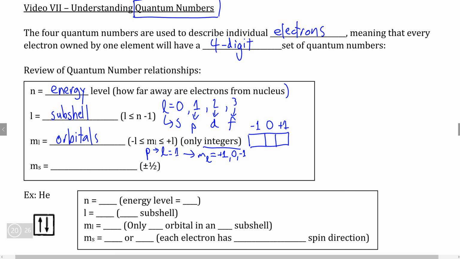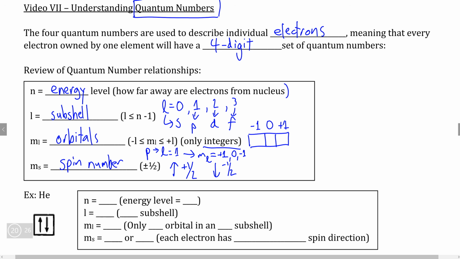Our final quantum number, which is actually the easiest to understand, is of course our spin number, or the spin direction, where if the electron has a top spin with its magnetic field pointing up, that corresponds to a spin number of positive 1/2, and conversely, with a backspin where the magnetic field is pointing downward, that corresponds to a spin number of negative 1/2.